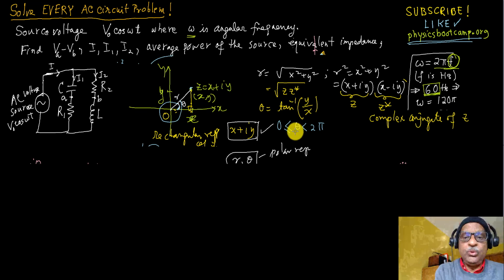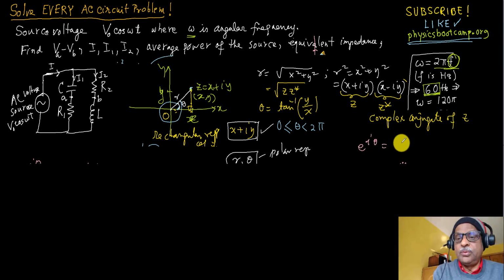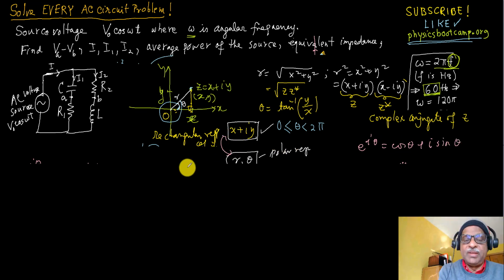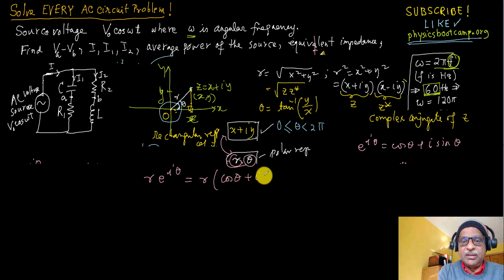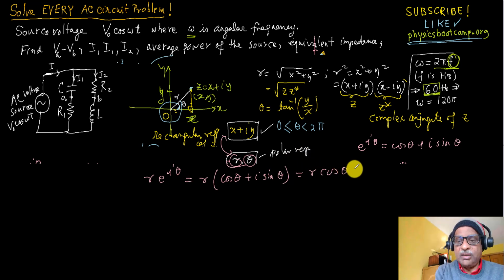Now I'm going to use e to the power i theta to relate these two representations. Let's look at r times e to the i theta. Using that, it's r times cosine theta plus i sine theta, which expands to r cosine theta plus i times r sine theta.